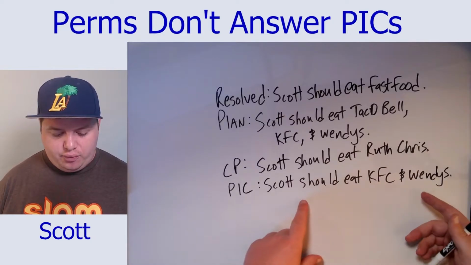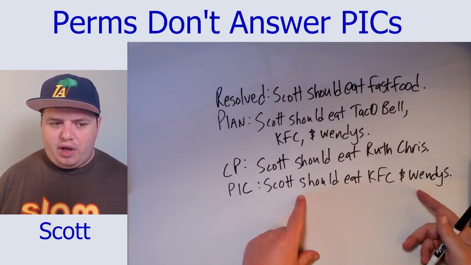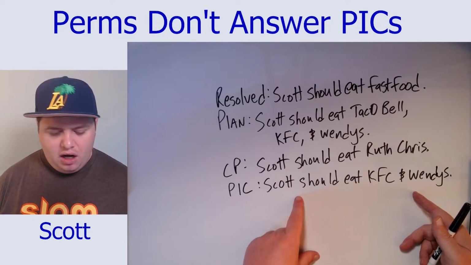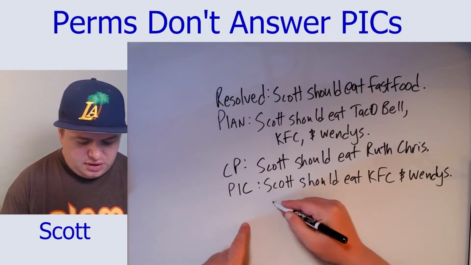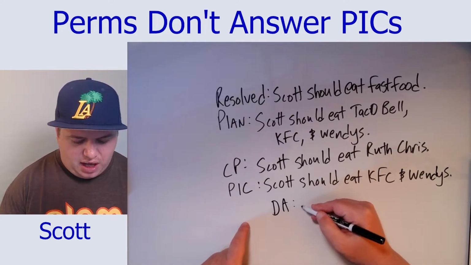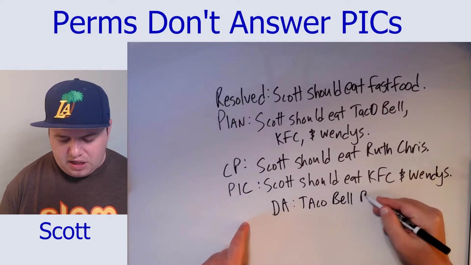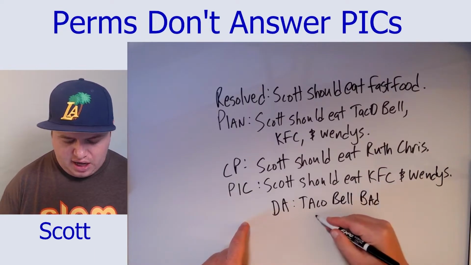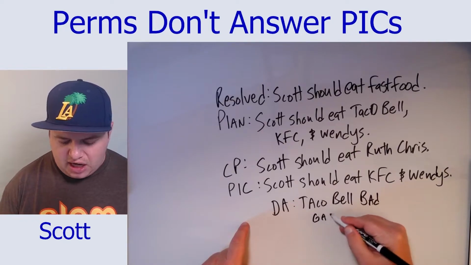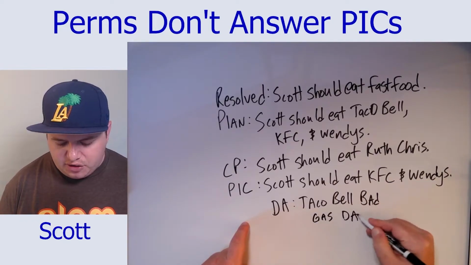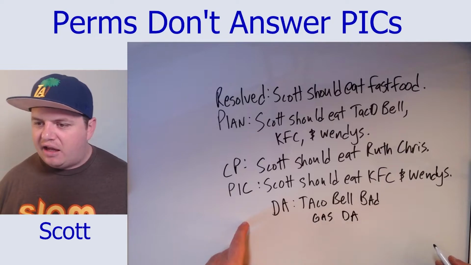So the reason why this counterplan would be a thing in the debate would be there would be some DA, something in the debate that says that Taco Bell is bad, right? Let's say if I eat Taco Bell, I will link to the gas DA.